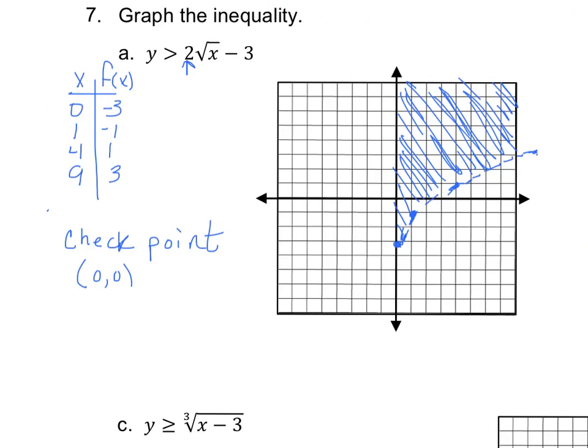And we do not shade past the y-axis, because we know that for all real values, x has to be greater than or equal to 0. And then it's always worthwhile checking a point using the origin. The point 0, 0 should be part of my solution set, so if I put 0 in, I've got -3 is less than 0, which is true. So let's go look at B and C next.